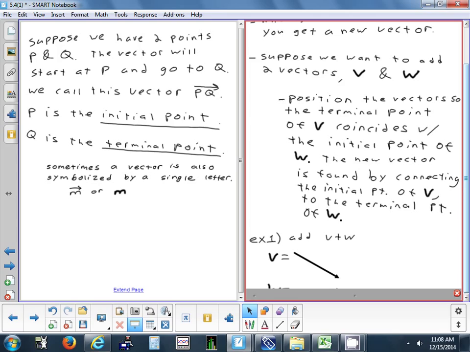So line your vectors up so the ending point of v and the initial point of w are right on top of each other. And then you're going to connect the initial point of v, where you started, to the ending point of w. When you actually do it visually, it's very easy. It's just a lot to try to explain in words.